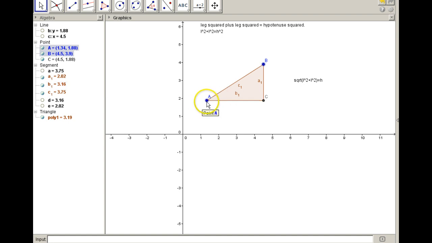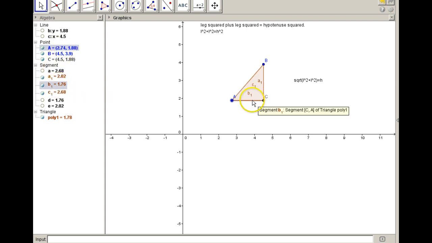It's the distance between A and B on the x-axis, so we have 4.5 minus 1.34, and that difference is 3.16. So that's our length there. And if I change this, then we can say 4.5 minus 2.74, and that's equal to 1.76. So that's how we find this leg here.